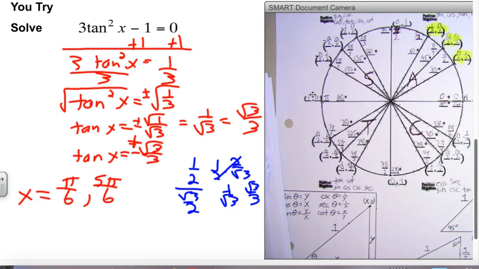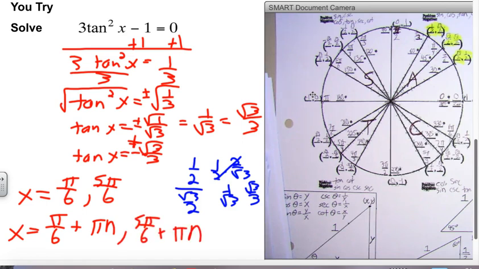And of course you can write it to include all possibilities, pi over 6 plus pi n, right? Because we're talking about tangent. It's a period of pi, so it repeats itself every half a circle, all right? And then also 5 pi over 6 plus pi n. So we're not doing 2 pi for tangent, we're doing pi. Okay, tangent and cotangent repeat themselves every half a circle, not every full circle.